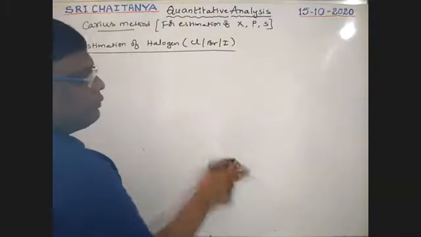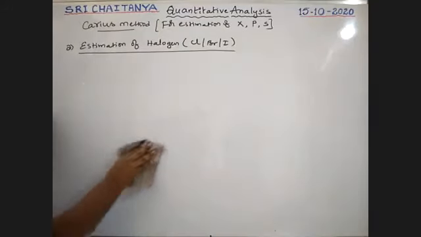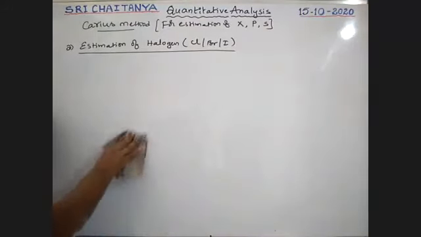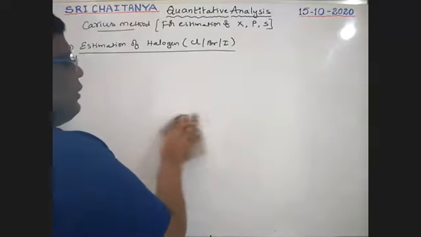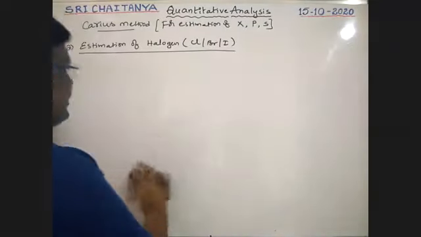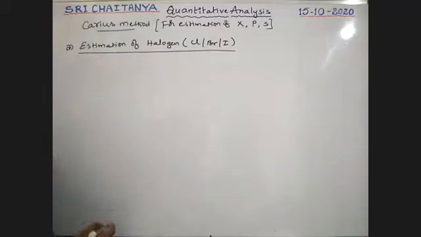So we have the weight of organic compound and the weight of precipitate formed. By using these two, we calculate the percentage of halogen by Carius method with the help of the formula.